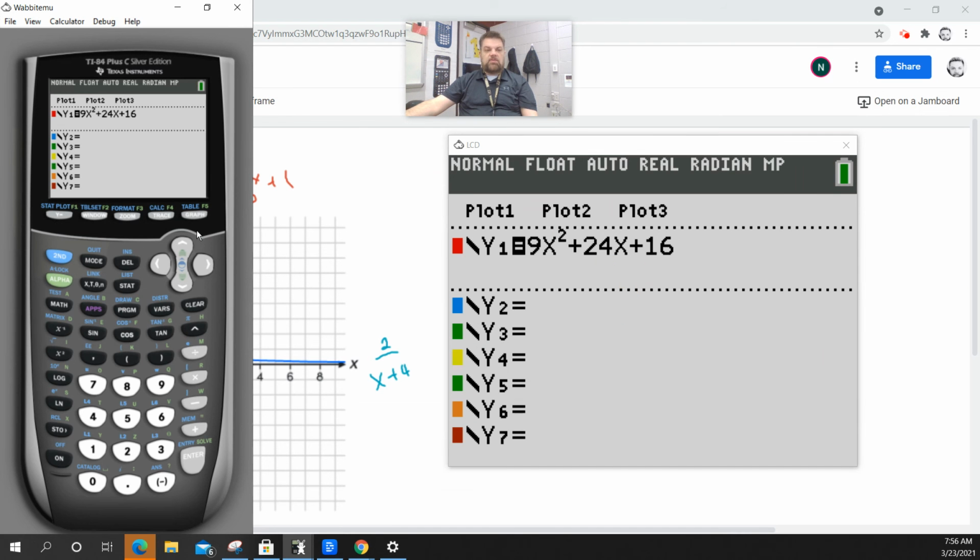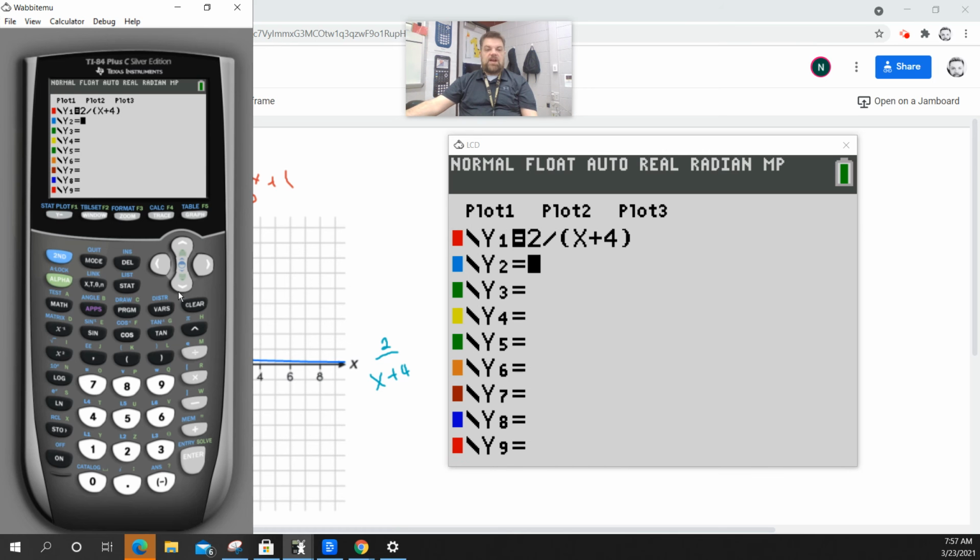So I'm going to go to y equals, and in my y equals, the first thing I'm going to do is put the left-hand side of the equal sign. So 2 divided by, now this is the important part, the entire denominator has to be in parentheses. Otherwise, the calculator doesn't know what's the numerator and what's the denominator.